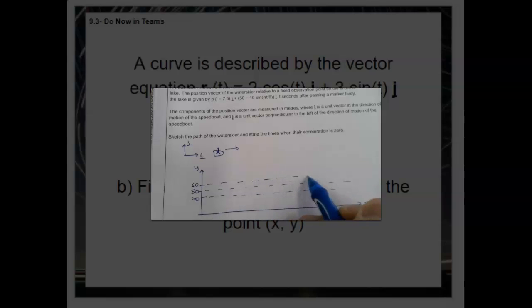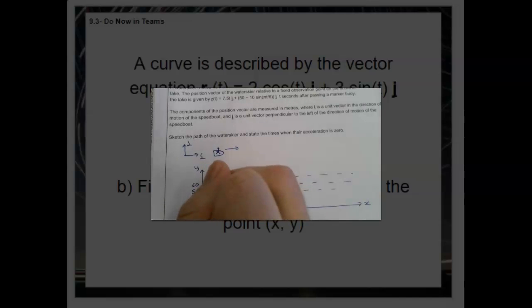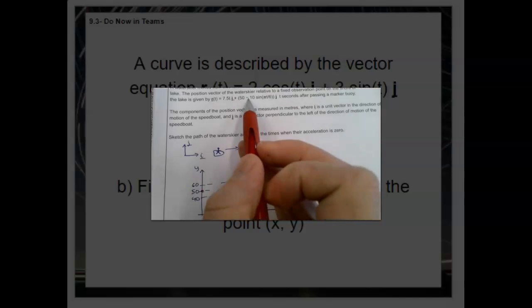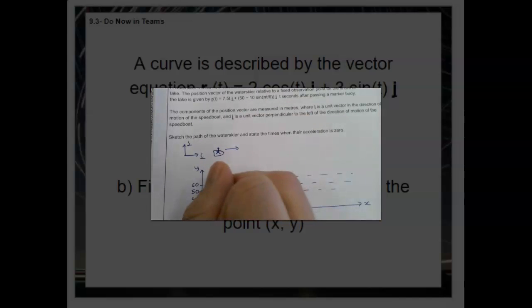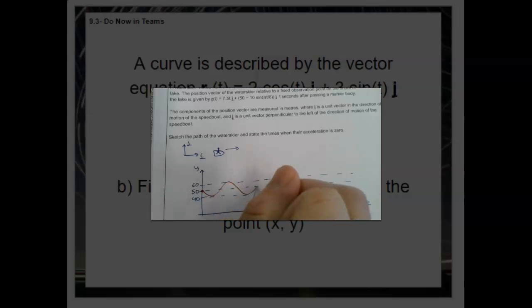And what's going to happen is we're going to start off here at, if t is 0, we have 0, 50 as the coordinate, and then to begin with, because this is negative, it's going to head down, then back up, then down, then back up, and we get the oscillation.